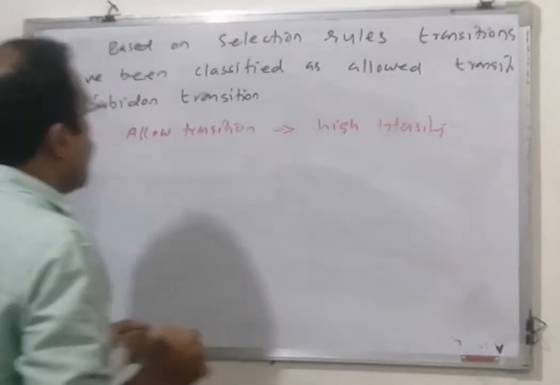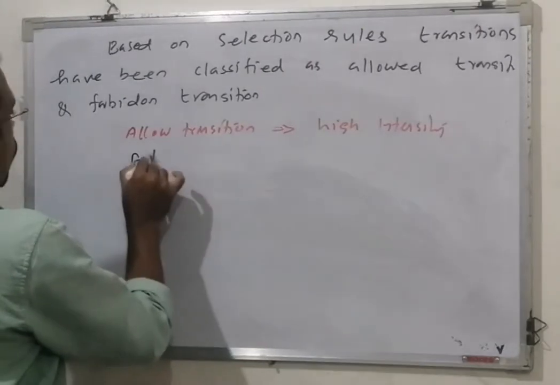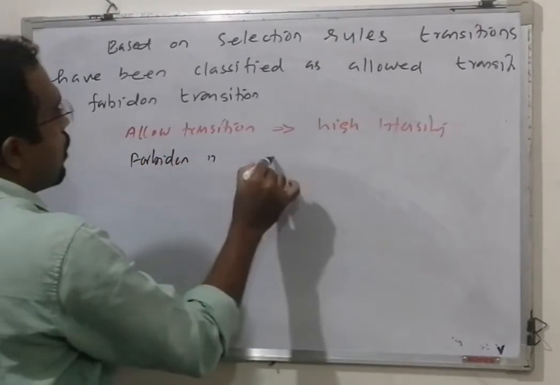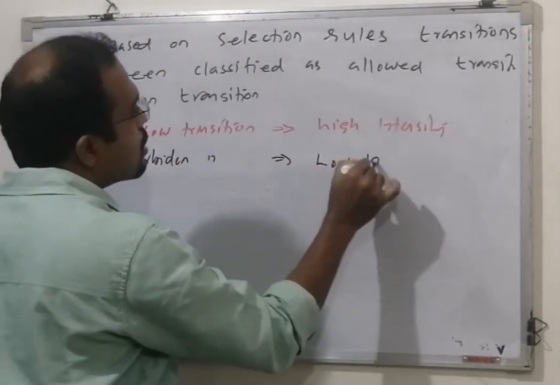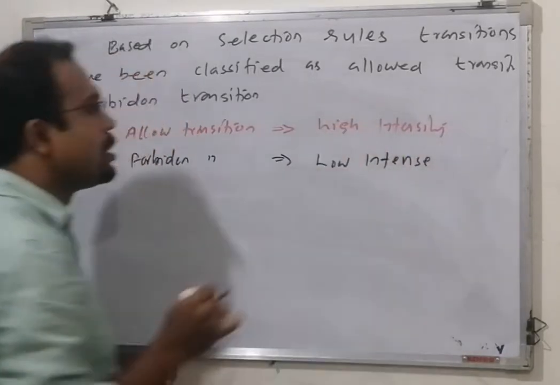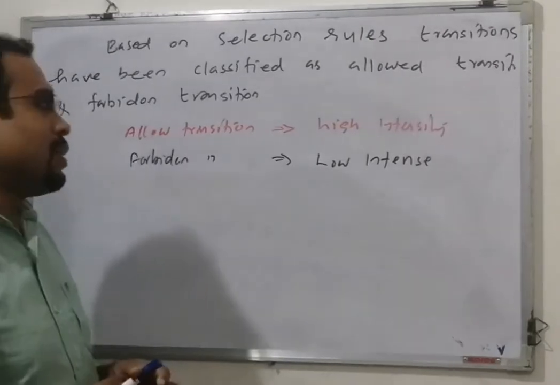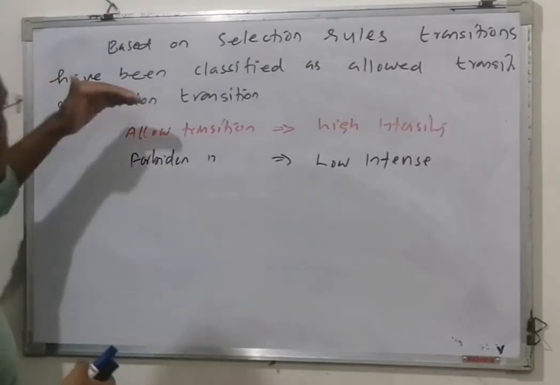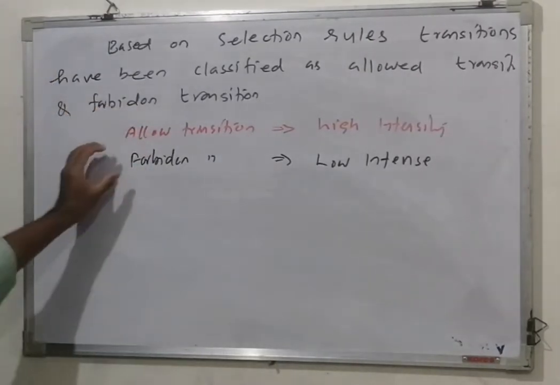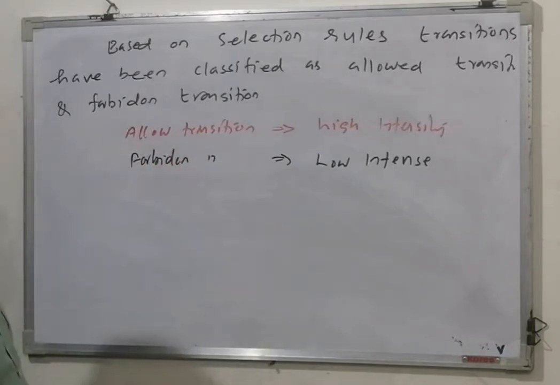In the case of a forbidden transition, it is a low intensity color. Forbidden transitions will be low intensity. Okay, this is another classification, allowed and forbidden transitions.